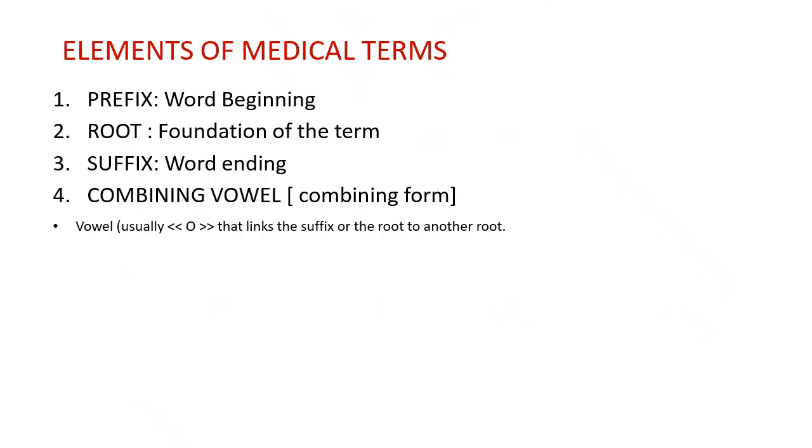Next, elements of medical terms. We divide the word into divisions or parts. We have the prefix, which is the start of the term, the first few letters in the term.